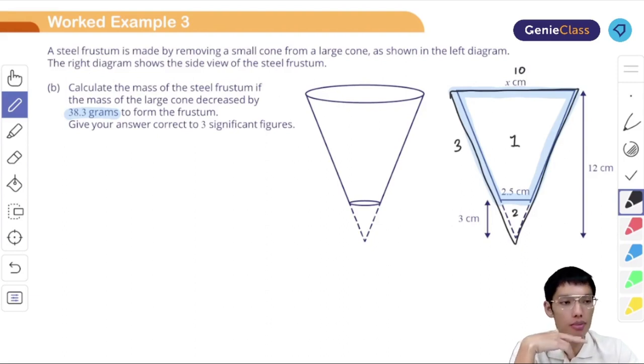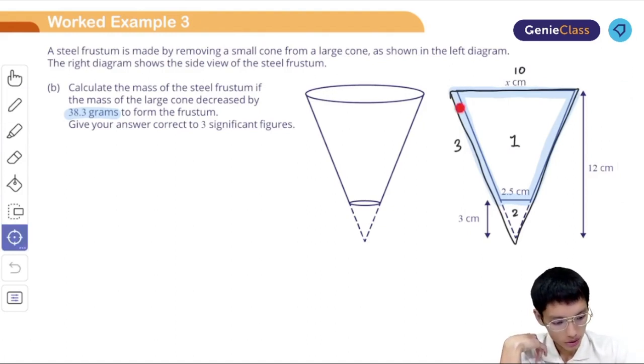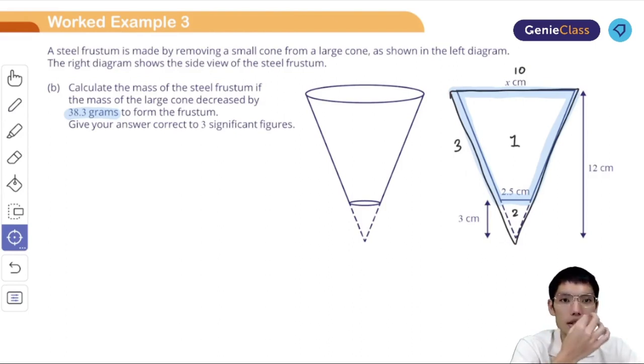My mass decreased by 38.3. So 1 being the frustum over here, 2 being the small cone, 3 being the whole cone. So what does the 38.3 represent over here?